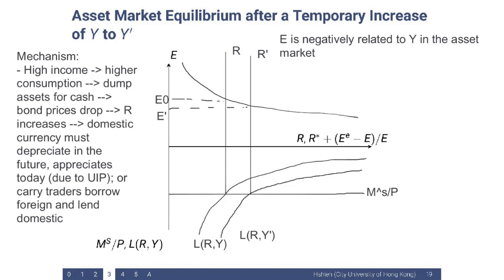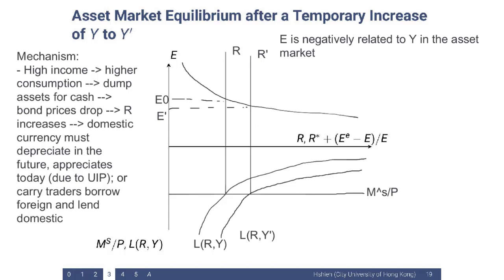Now we have a temporary increase in output. Let's increase output from Y to Y prime. We know that the liquidity preference curve moves away from the origin when there's an increase. So let's call this LRY, and this one LRY prime.